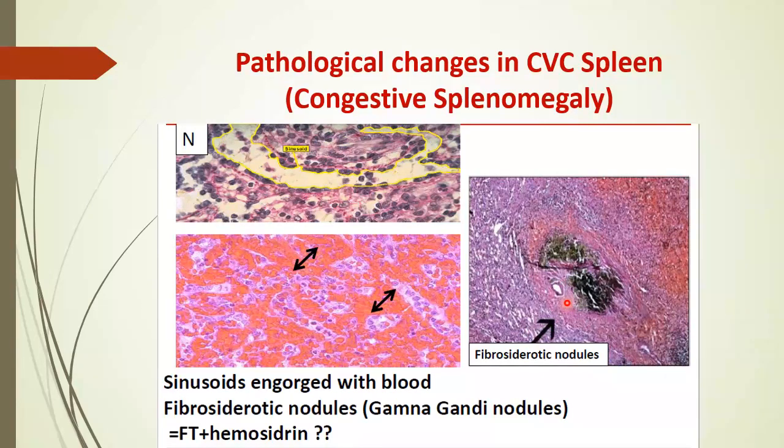Also, a characteristic microscopic appearance of congestive splenomegaly is fibrosiderotic nodules, also called Gamna-Gandy nodules. They are composed of fibrous tissue entrapping hemosiderin, and they result from hemorrhage from engorged veins, with hemosiderin liberated from the broken red blood cells, inducing the fibrosis.